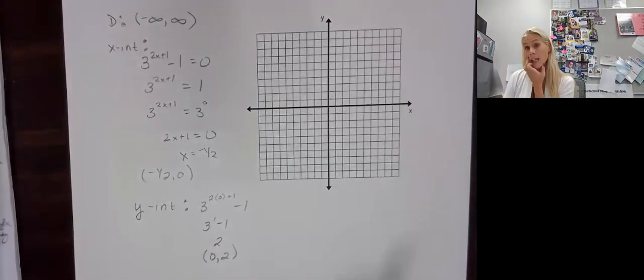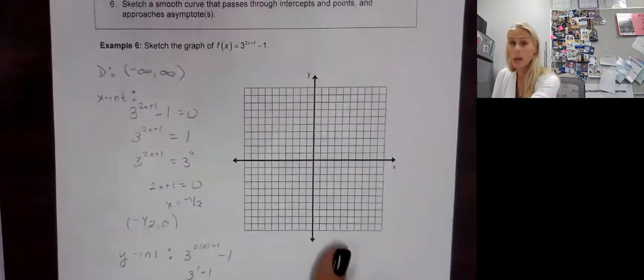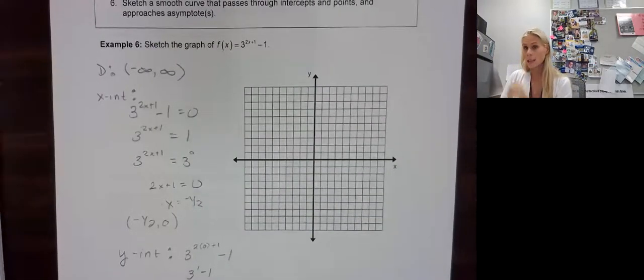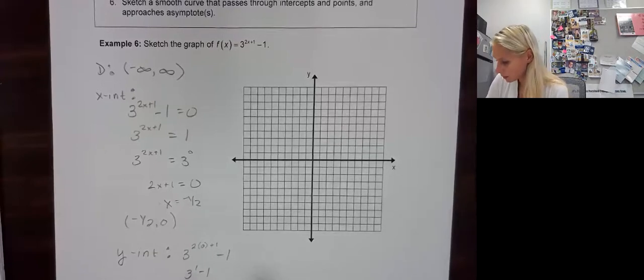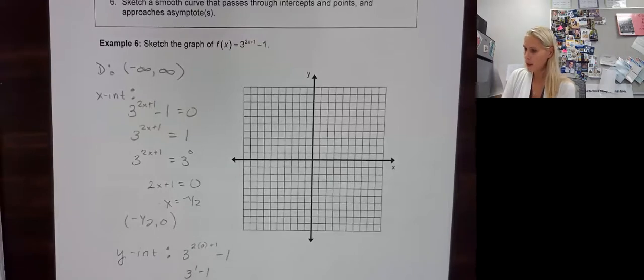All right, let's think about transformations here, because that will help us with our asymptote, okay? First of all, the -1 at the very end makes it go down 1, which makes our horizontal asymptote y equals -1. All right, then we have this 2x plus 1.